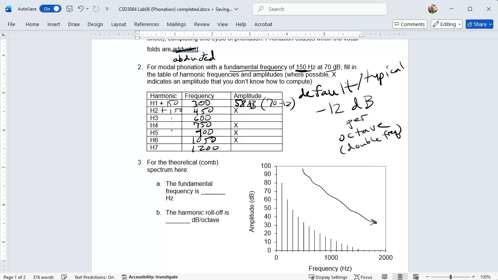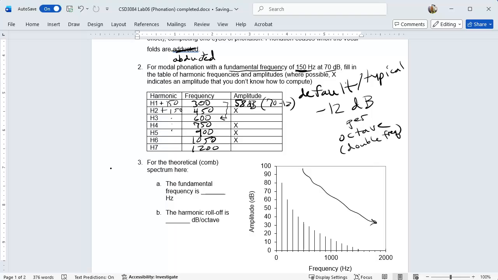That's 70 minus 12. Now, the next doubling of the frequency happens as we go from the first harmonic to the third harmonic. So the frequencies increase linearly in terms of mathematics, add the same amount each time. For the amplitudes, it decreases each time we double.